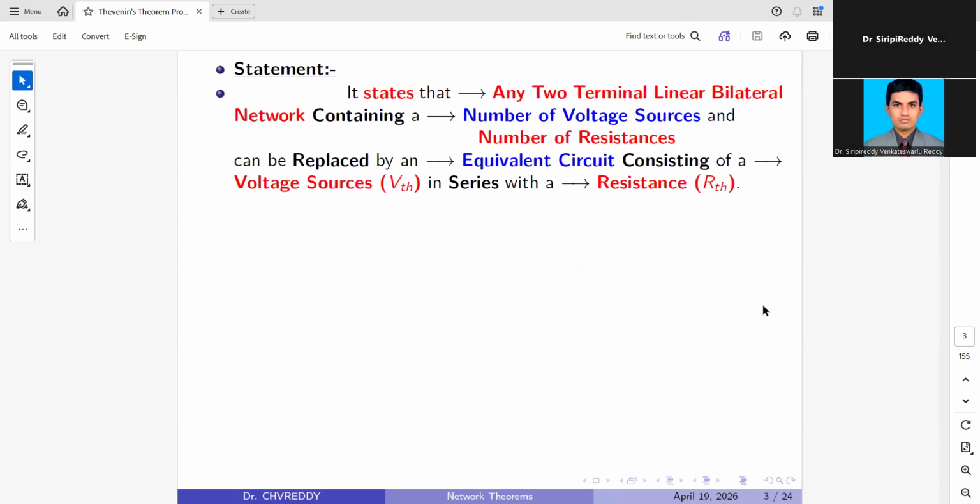So, what is the statement of Thevenin's theorem? It states that any two-terminal linear bilateral network containing a number of voltage sources and number of resistors can be replaced by a single equivalent circuit consisting of a Thevenin voltage source in series with the Thevenin resistance.